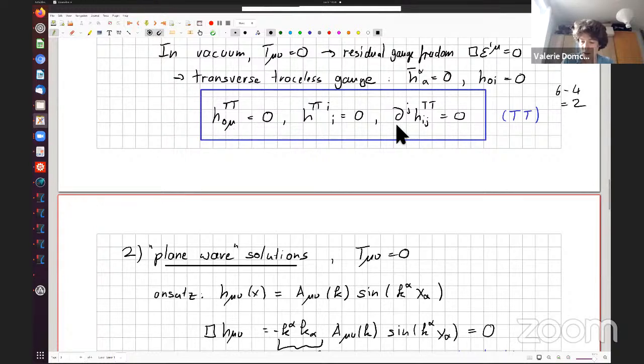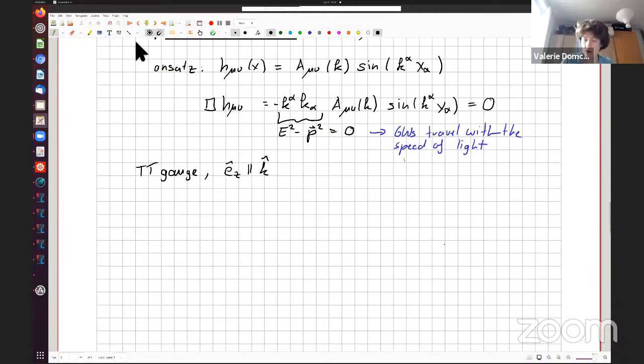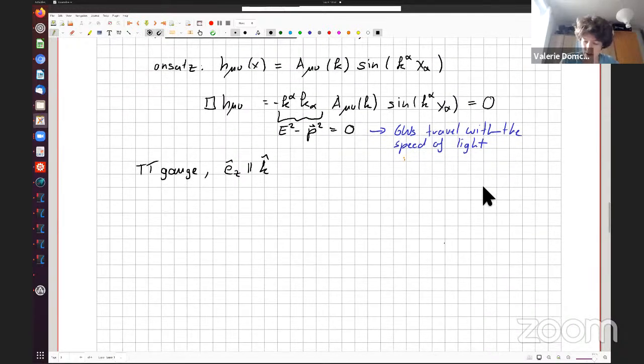Also this here tells me that I can have no components, since I can Fourier transform this and it becomes a k, which I've put in z direction, so I can have no components in z direction. So when I look at this coefficient, this a mu nu of k, I know I will have a row of zeros here.